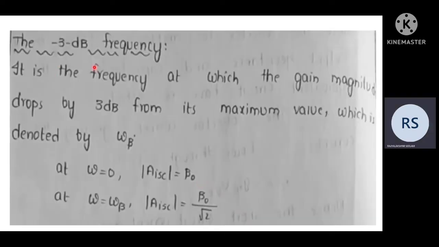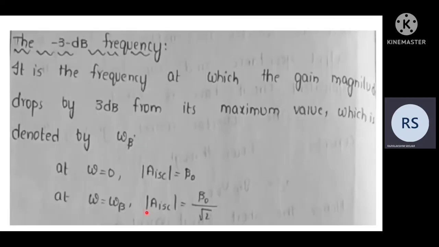The 3 dB frequency is the frequency at which gain magnitude drops by 3 dB from its maximum value, which is denoted by omega beta. So at omega equals 0, A_isc equals beta naught. At omega equals omega beta, mod A_isc equals beta naught by square root of 2.